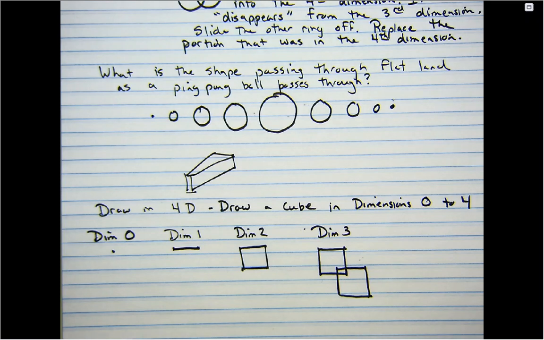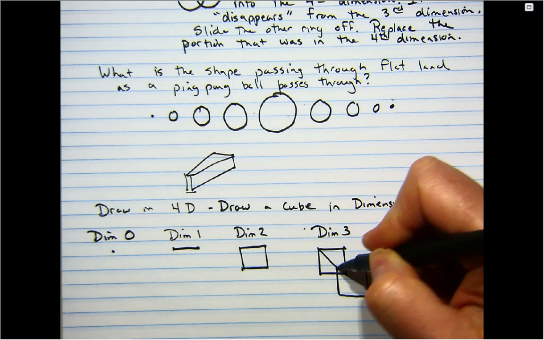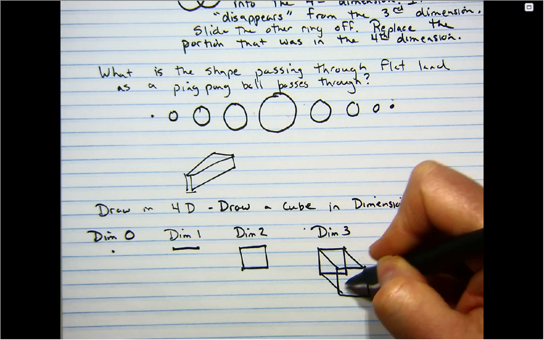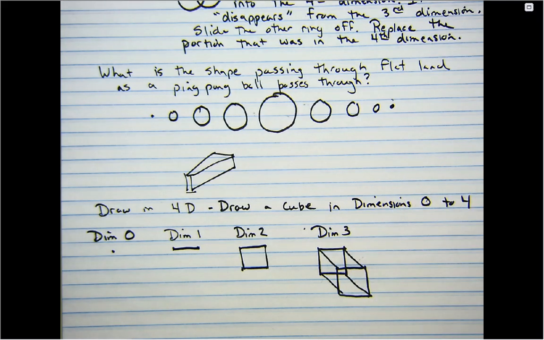Because we're inking the square up and dragging it in a perpendicular direction. We're trying to visualize that out of the page and connect the corners. So you need to be pretty good at drawing the cube, because we're going to do the same thing with the cube now. We're going to take the 3-dimensional cube, which is what we think of a cube as, and we're going to use it to make a 4-dimensional cube.